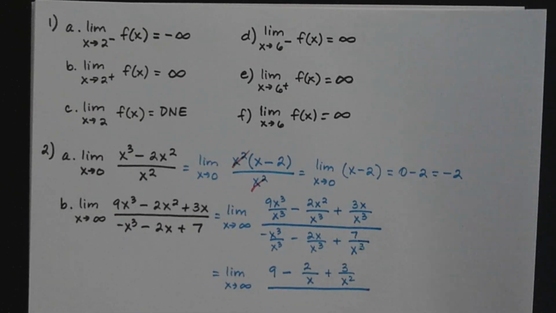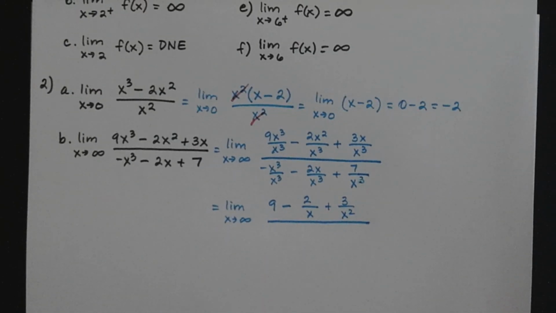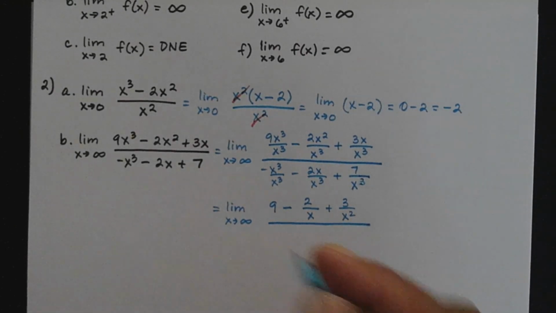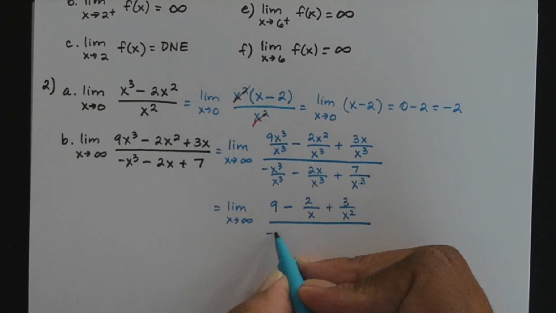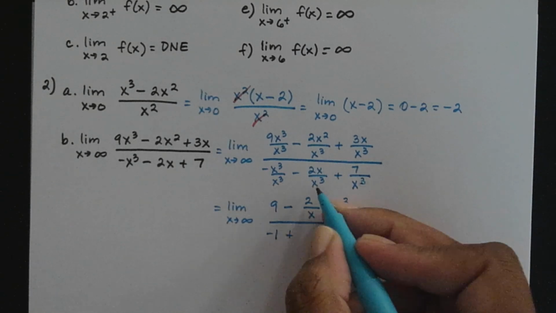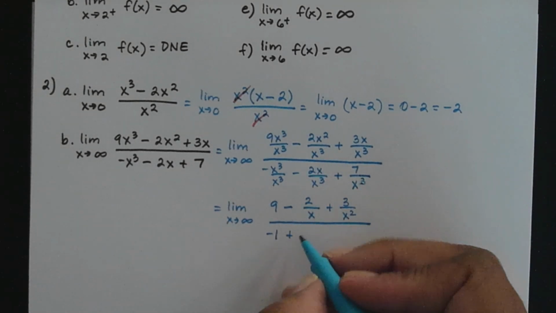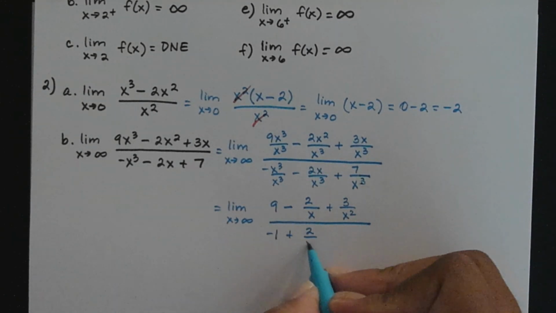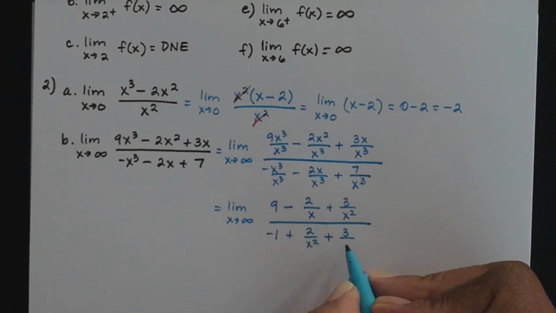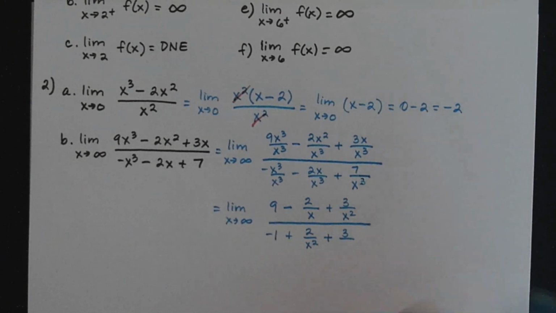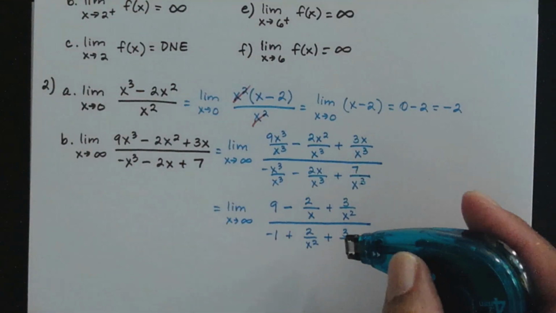Oh, that's going to be divided by, let's see, negative x cubed divided by x cubed, that's negative 1. 1 of the x's in x cubed divides out. I have 2 over x squared plus, and this would just be 7 over x cubed.